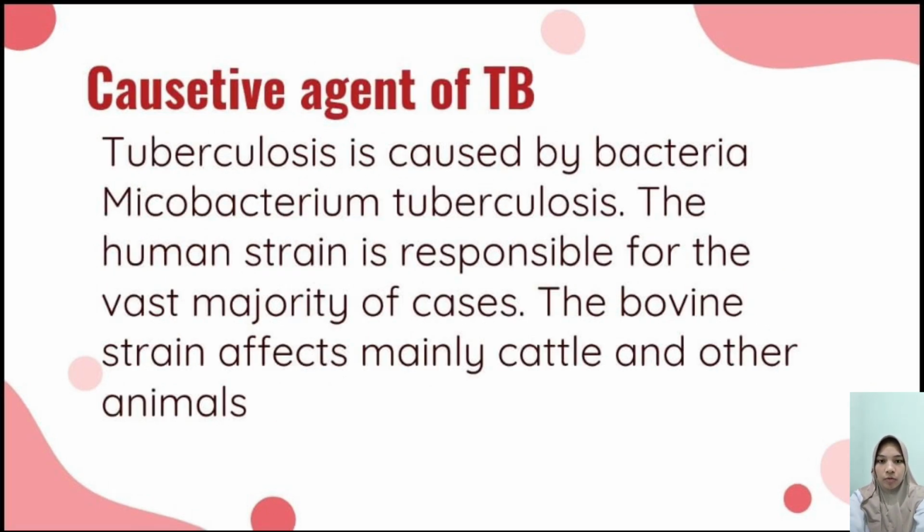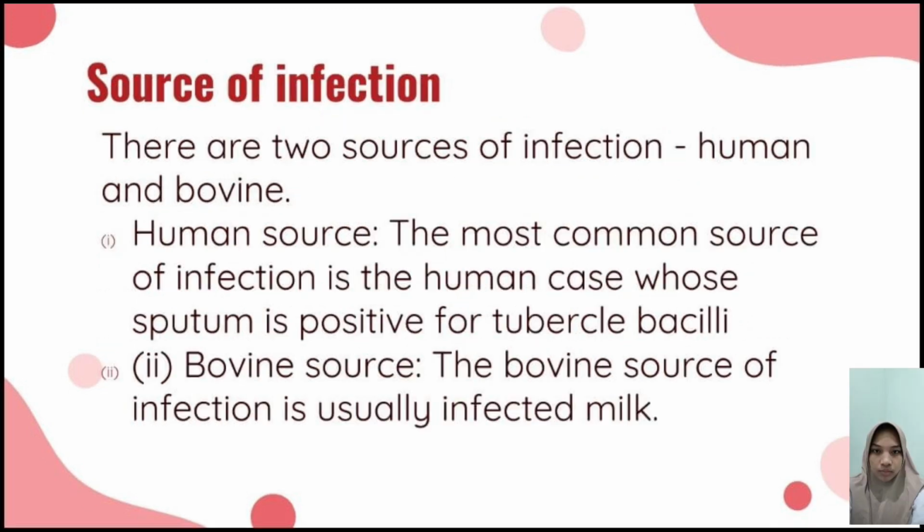Causative agent of TB. Tuberculosis is caused by the bacteria Mycobacterium tuberculosis. The human strain is responsible for the vast majority of cases. The bovine strain affects mainly cattle and other animals. Source of infection.